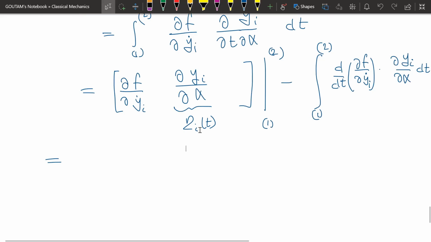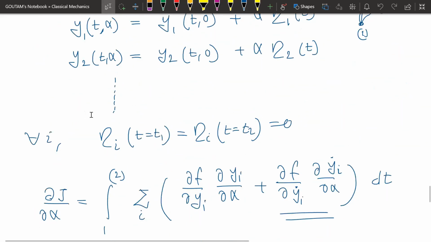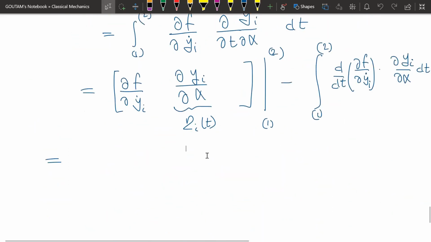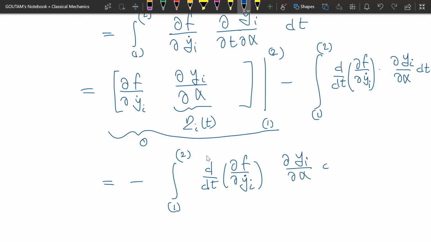So both of the terms will be 0, because eta has this condition. Eta needs to satisfy this boundary condition. So then this whole term, after we put the limit, will be 0. Then we will get minus the integral from point 1 to point 2 of d/dt of ∂f/∂yi dot times ∂yi/∂α dt.